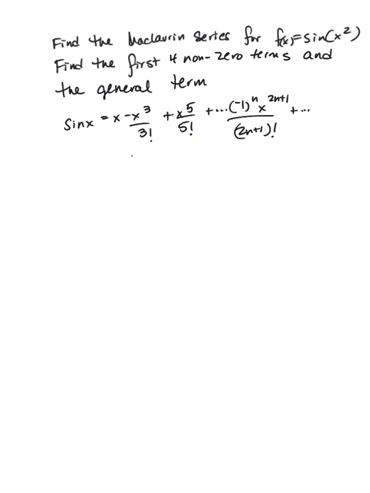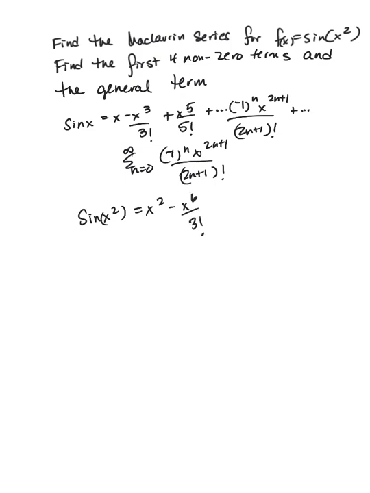Okay, so we already know the sum. The sum is n equals 0 to infinity of negative 1 to the n, x to the 2n plus 1 over 2n plus 1 factorial, right? Okay, so now we're going to plug in x squared. So term by term, you replace x with x squared. Well, x squared to the 3rd is x to the 6th. x squared to the 5th is x to the 10th.